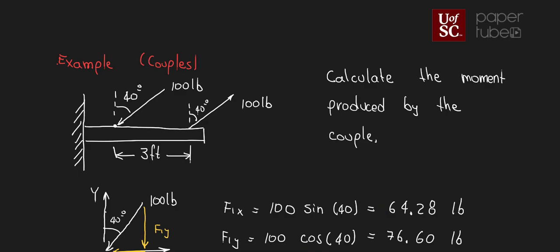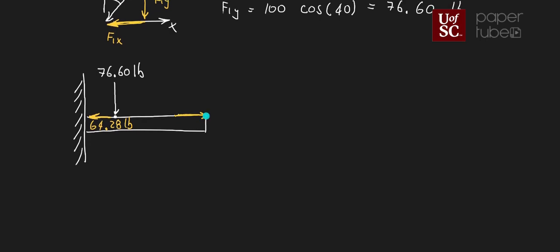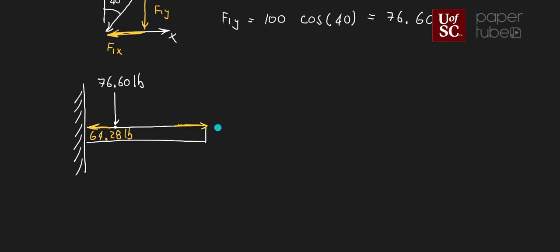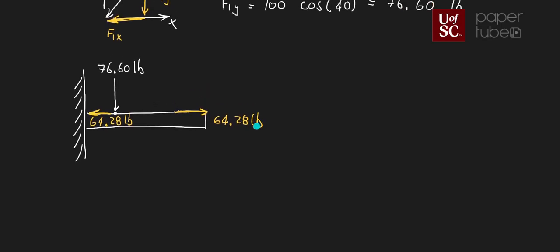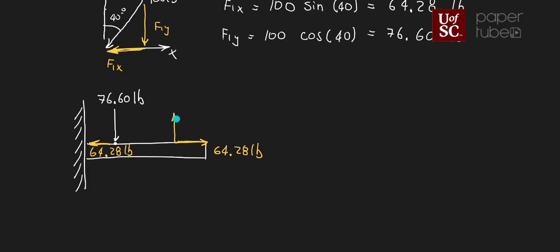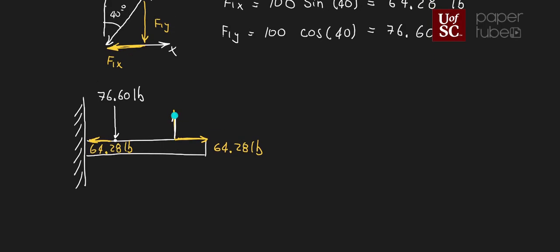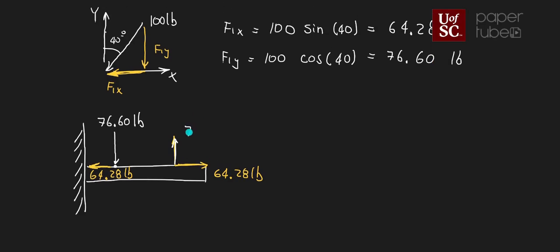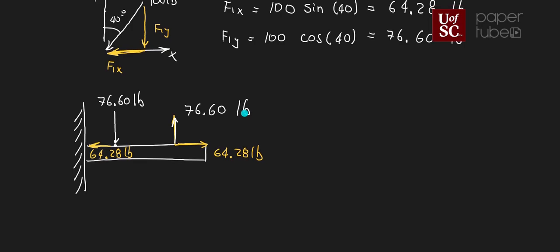So when I go over here, I have a force in this direction with a magnitude of 64.28 pounds, and another force in this direction of 76.60 pounds.